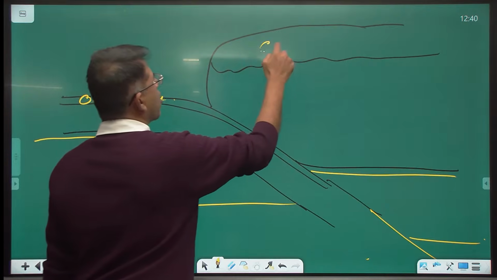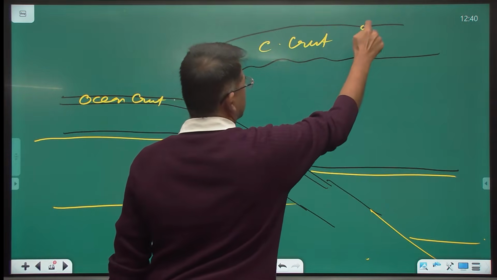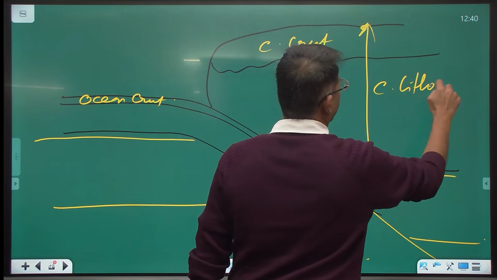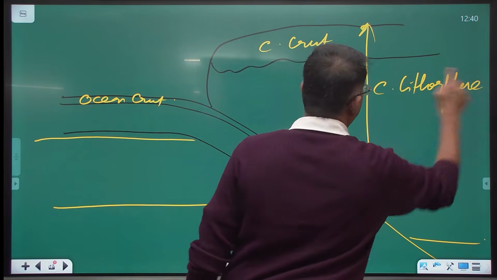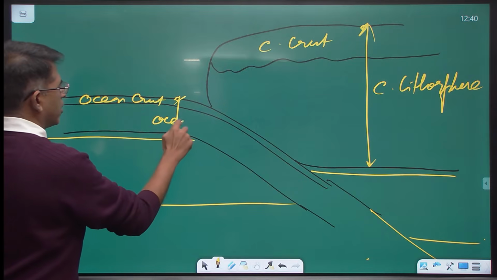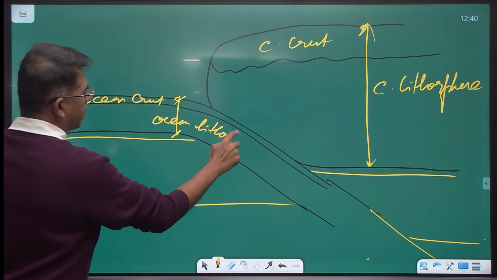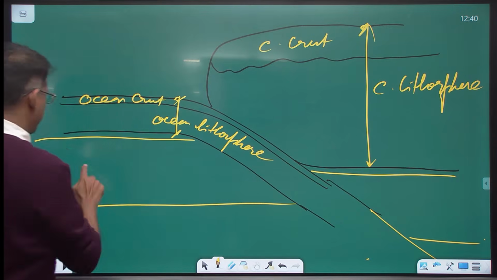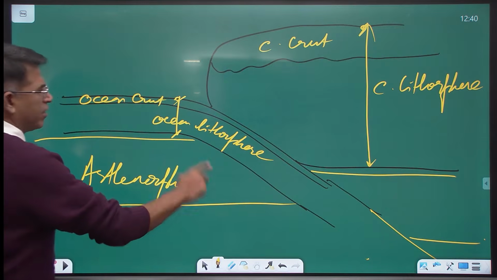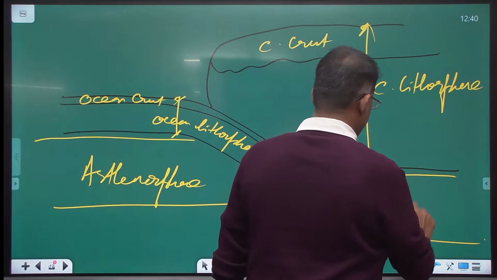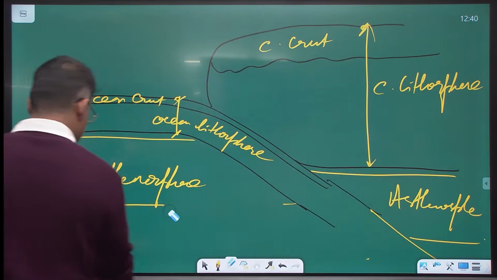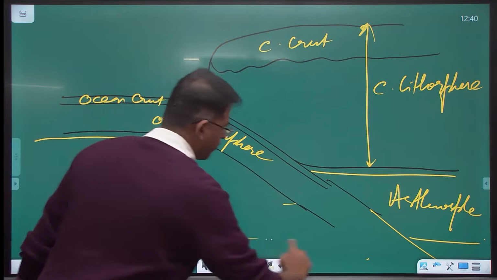This is the continent crust. The continent lithosphere, and this is the ocean lithosphere, asthenosphere, and this also is the asthenosphere. I could have drawn this deeper maybe. Take it till here if you want to.